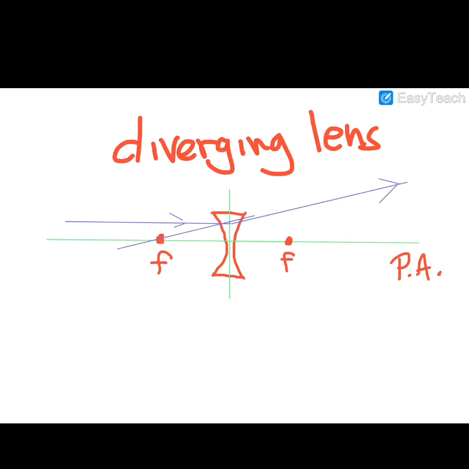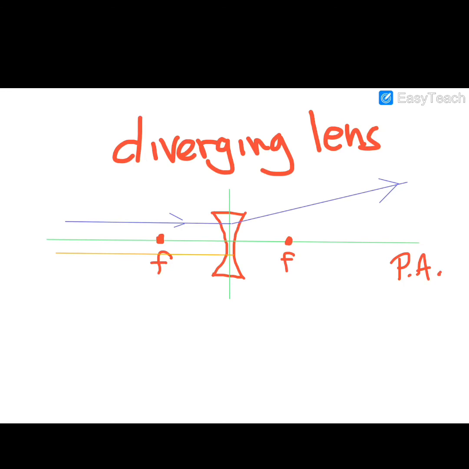And if I trace that ray backwards, and I will, I hope we see that it passes through the focus. I'm going to try again for a better tracing. One more, third time's the charm. There we go. So that ray traced backwards goes through the focus. And that would be true for any ray that is parallel to the principal axis.